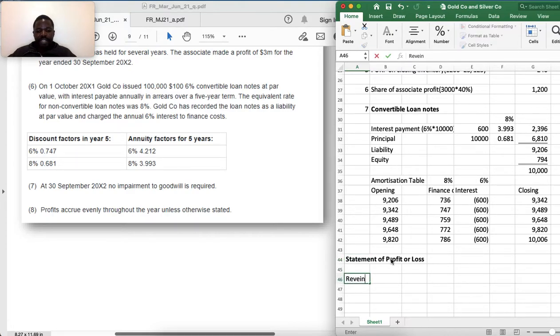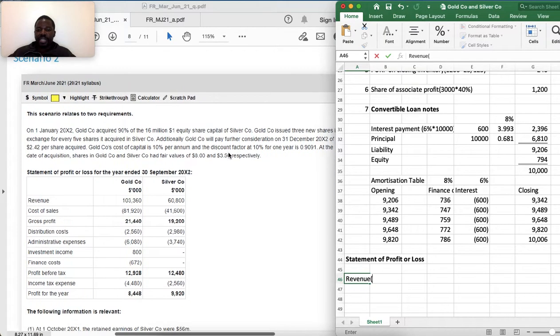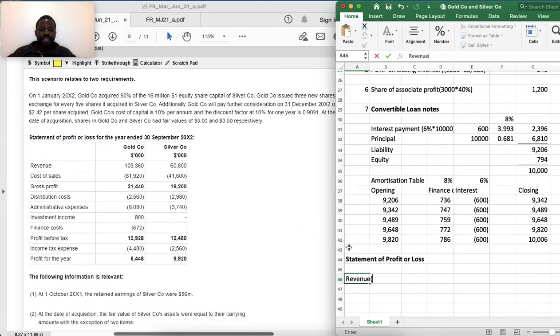We have got revenue. Let's go back up here. Revenue for the parent, which is gold, is 103,360 plus. Take note of this ACCA trick.